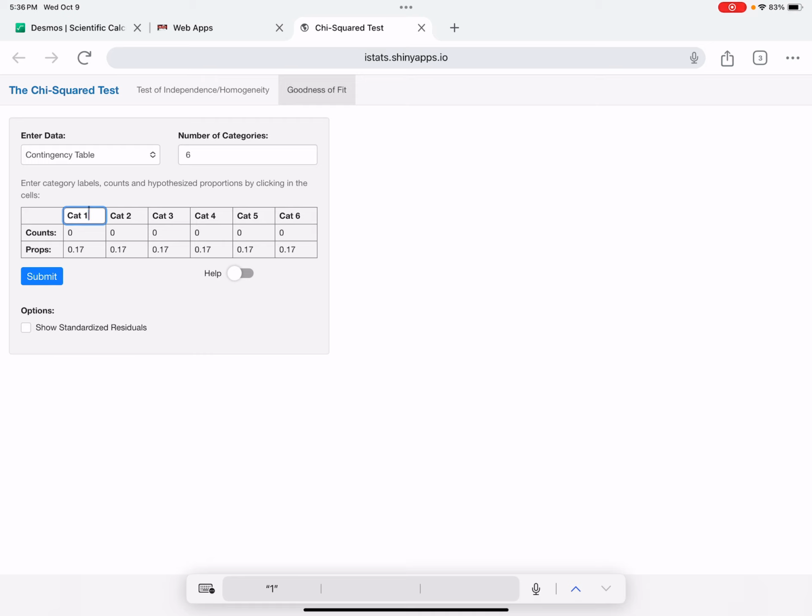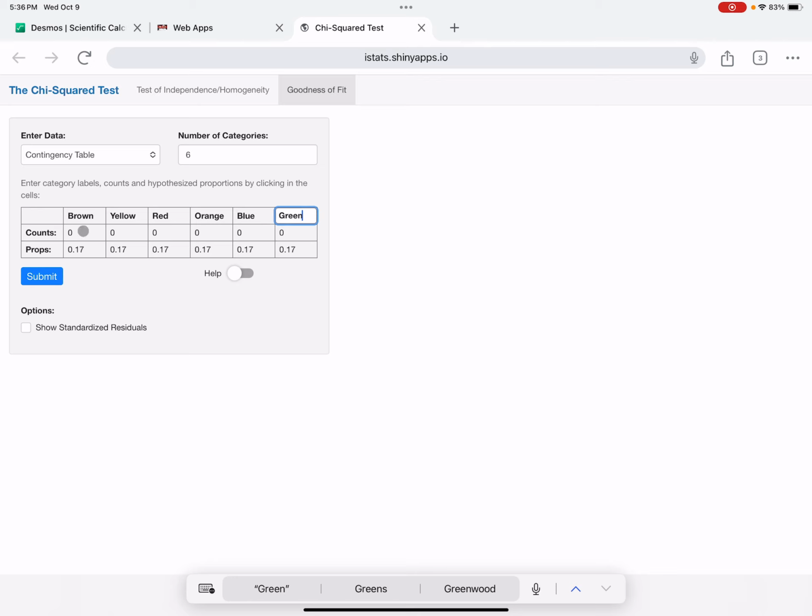They were brown, yellow, red, orange, blue, and green.